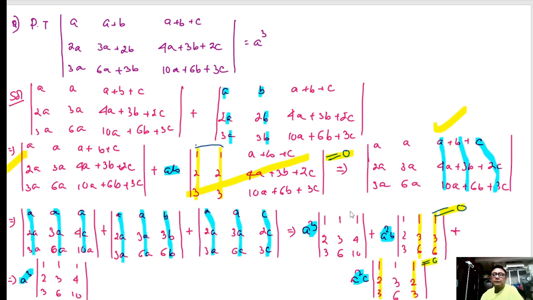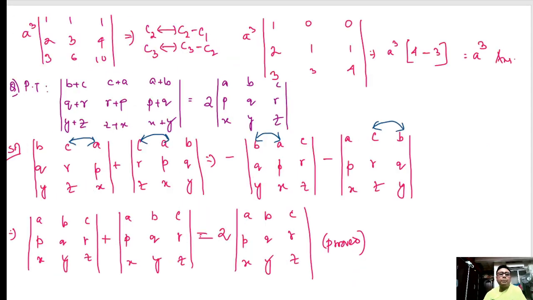So only the first determinant remains. So this is the determinant. Now we have to try to operate on this determinant, so let us apply the operations here one by one.